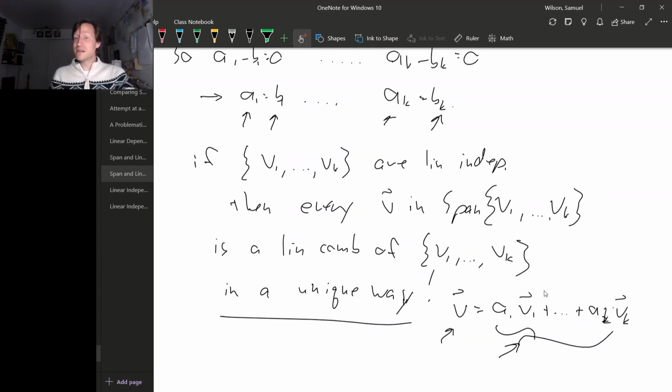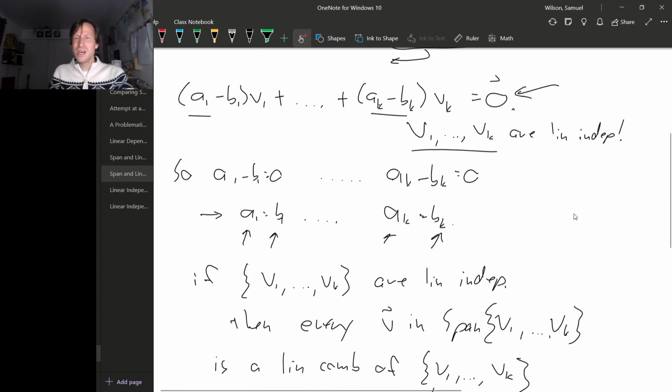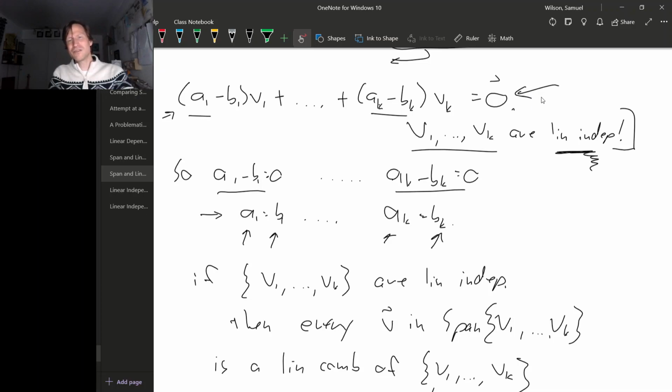And the linear independence of v1 through vk really is playing a key role here. In our proof that there is a unique way to write v as a linear combination of v1 through vk, we used linear independence right here. It let us split this one vector equation into many different scalar equations. So that's usually the role of linear independence. It lets you split a big vector equation into many scalar equations, and then you can work with the scalar equations independently without having to worry about some sort of weird interaction between the different terms in the vector equation.